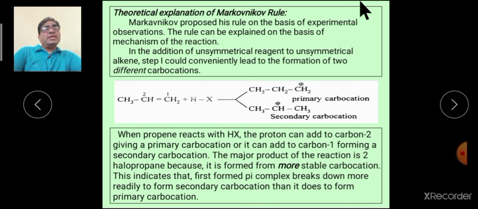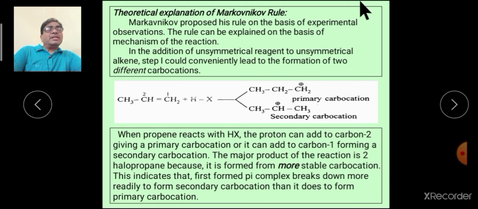When propene reacts with this hydrogen halide, the proton can be added to carbon 2, giving a primary carbocation, or the positive part can be added to carbon 1, forming a secondary carbocation.